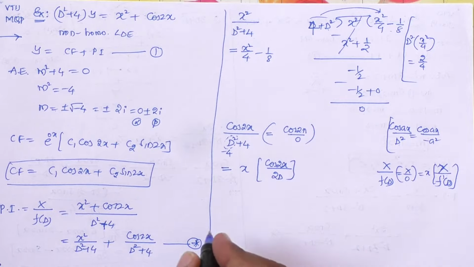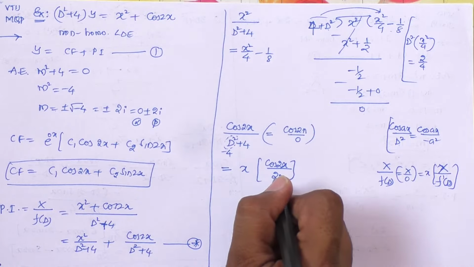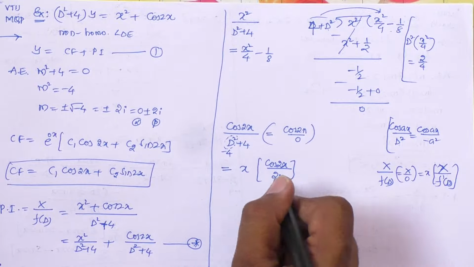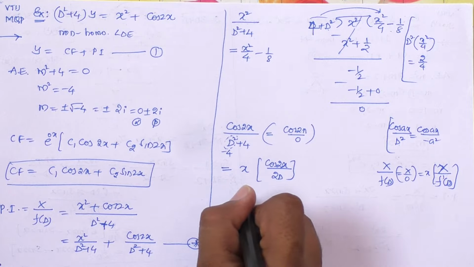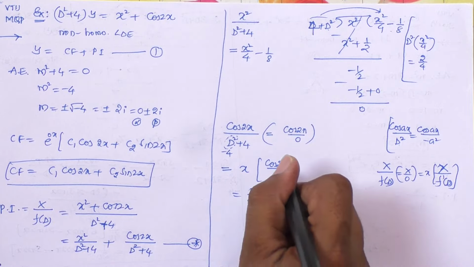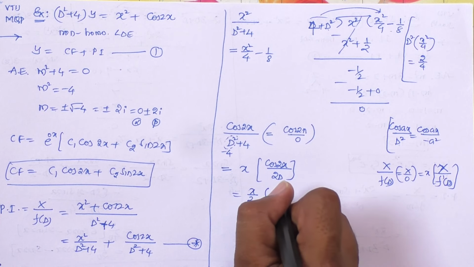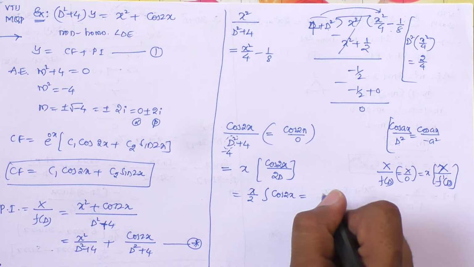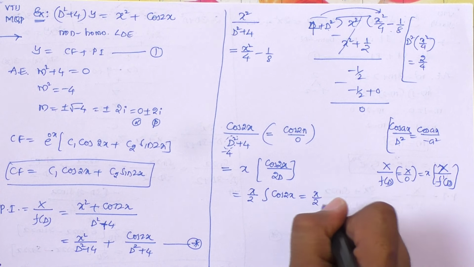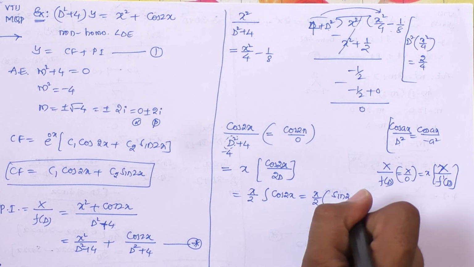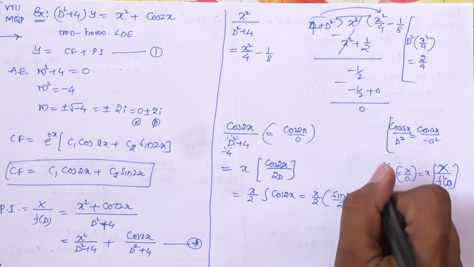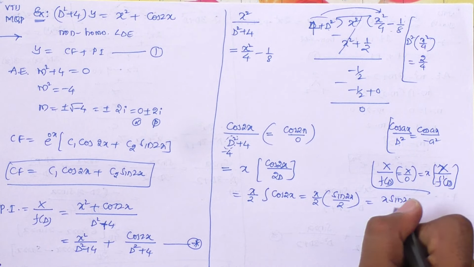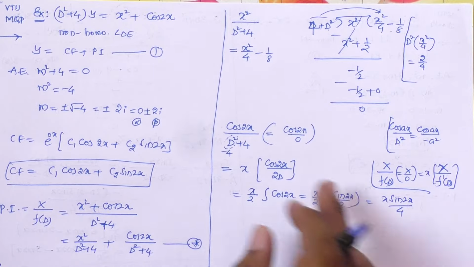So this is how we get it. Now 2 outside, so if you take it outside it will be x by 2. Then 1 by d is integration, so integration of cos 2x is sin 2x by 2. So x by 2 into sin 2x by 2. So finally we get x sin 2x by 4. So this is the second term.